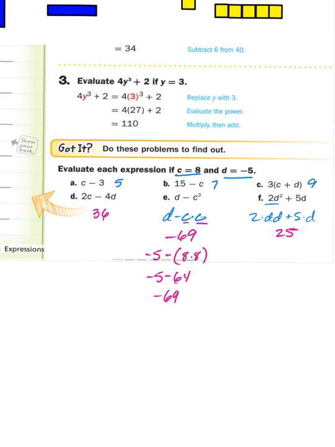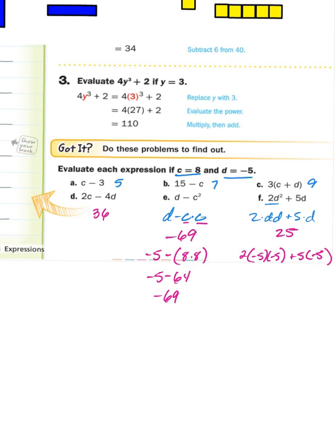Most people will get like +59 or -59 because they're going the wrong direction. And on F, you would have said, well, 2 times D is -5, so -5 times -5, plus 5 times -5.